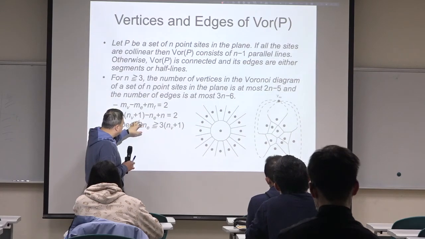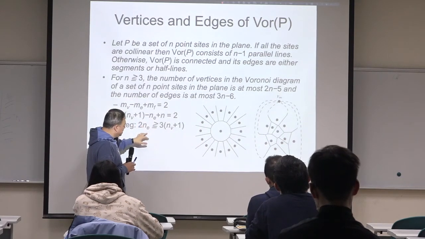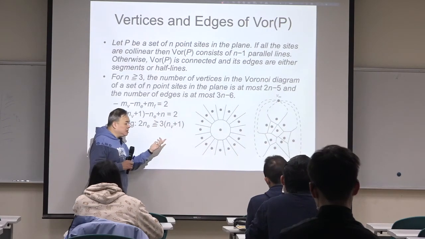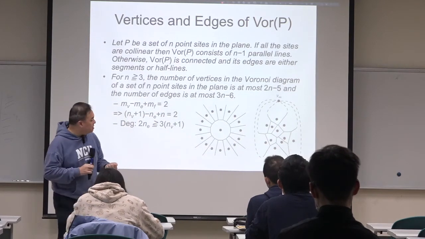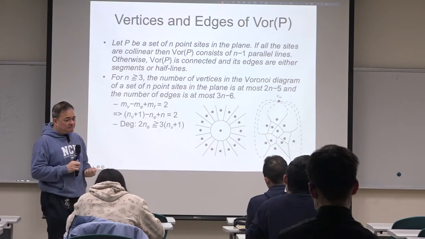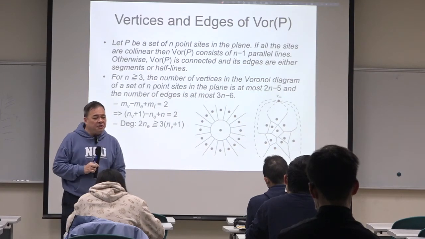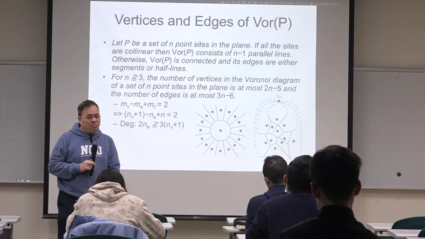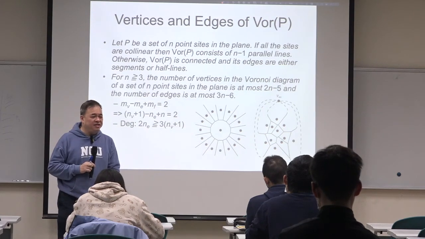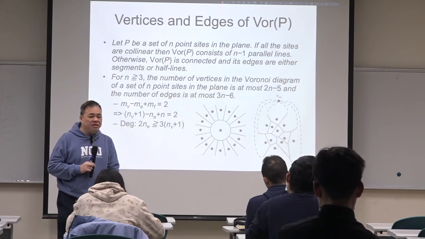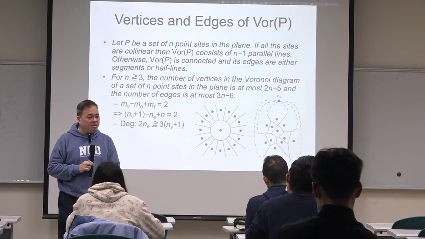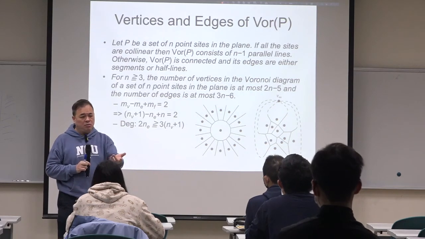This is the exact estimate. We could have another way to estimate. Let's consider each vertex. The degree of each vertex must be greater than or equal to 3, right? Otherwise, how can you create a vertex?